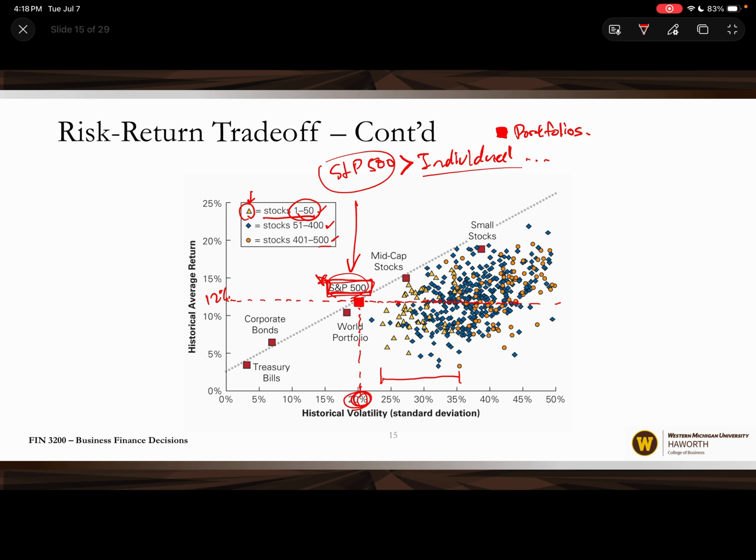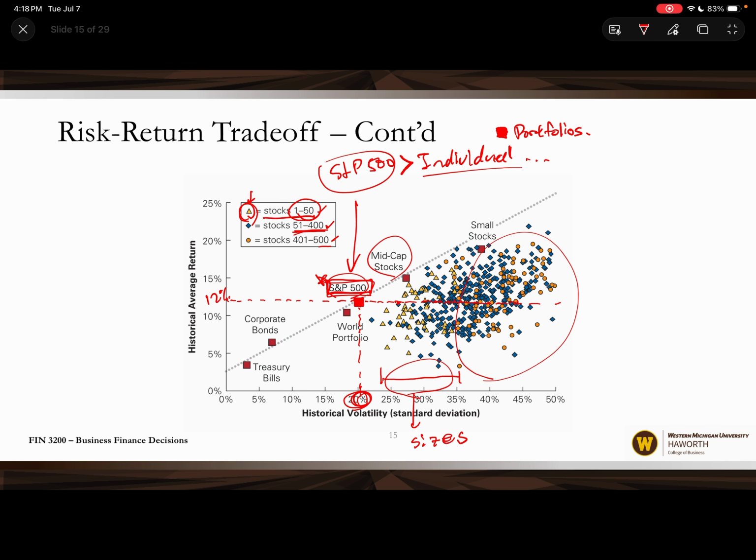Meaning, compared to these other stocks, they have lower volatility. So I can presume that these are bigger firms. Okay, so the yellow ones are bigger firms, and the mid-cap stocks, I assume, are these blue ones.